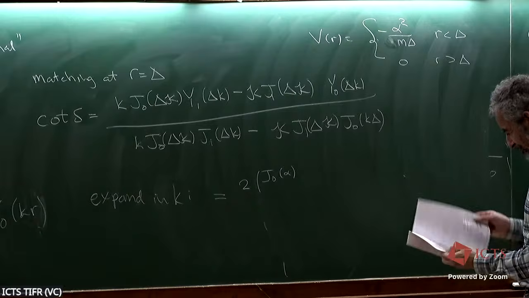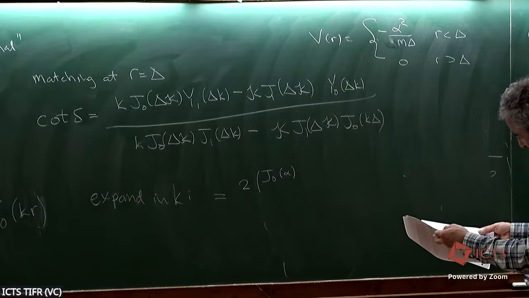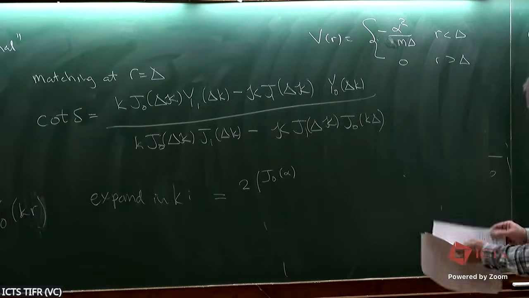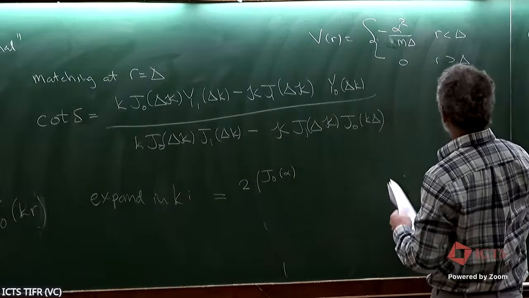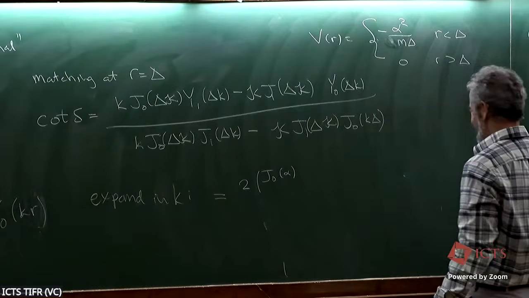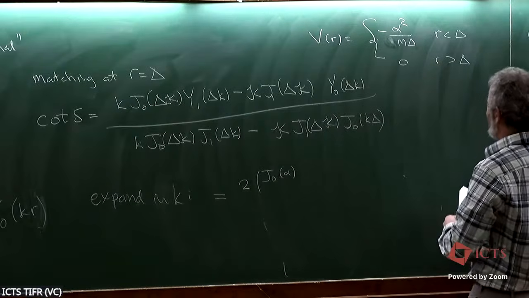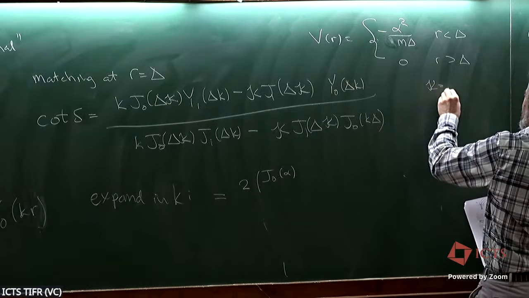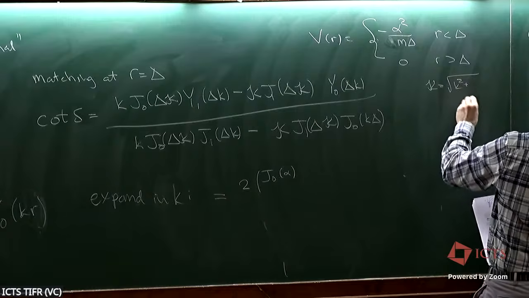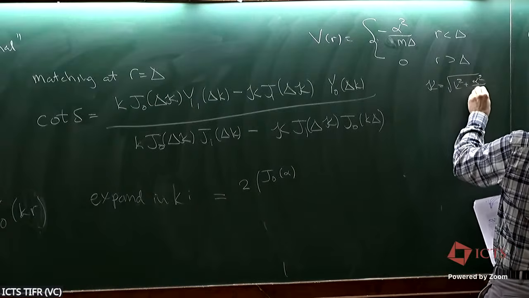Sorry. I actually don't remember the power of delta in here. I won't write it down. I think it's that. And then kappa is the square root of k squared plus alpha squared over delta squared.